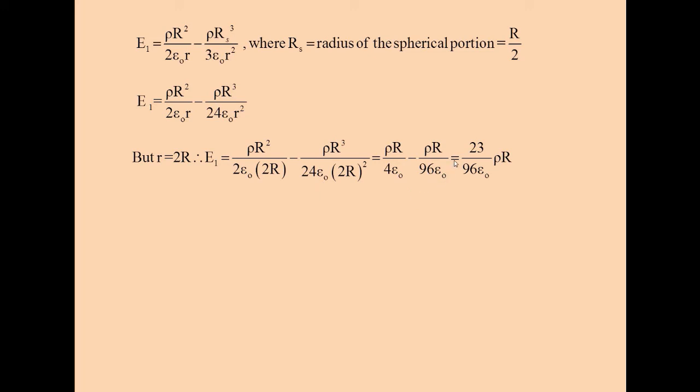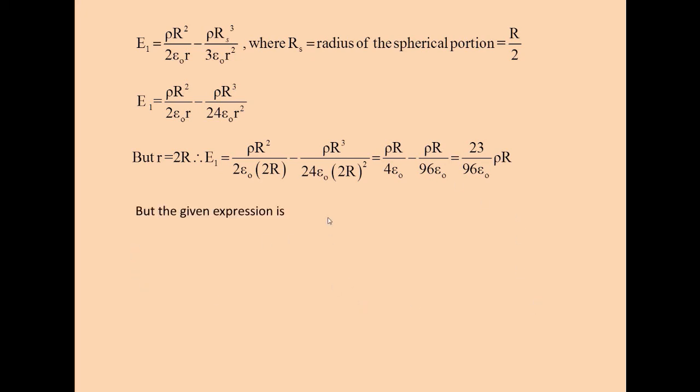Epsilon naught as it is. This on simplification, taking LCM and all, you will get 23 by 96 epsilon naught rho R. This is the electric field due to the uniform cylinder of charge in which the cavity is present. The cavity has got a radius capital R by 2. This is the electric field.